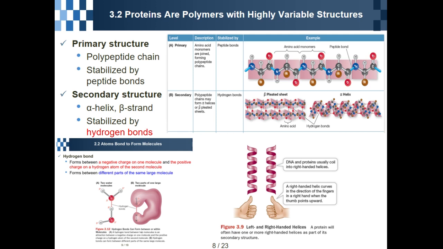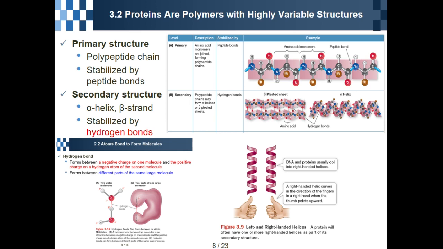In the protein engineering course, each turn is composed of 3.6 amino acids, and we have to calculate the distance. But in the biology course, you don't have to.